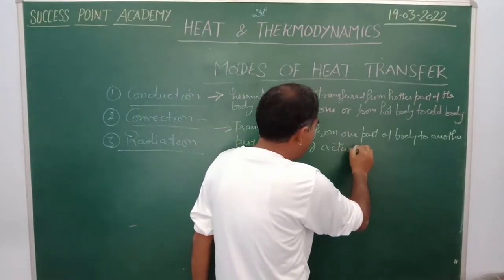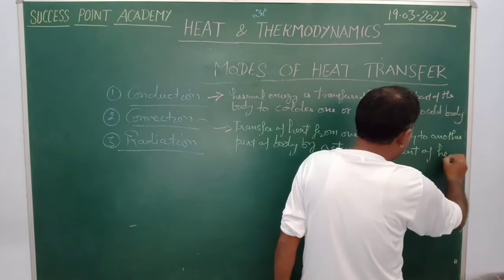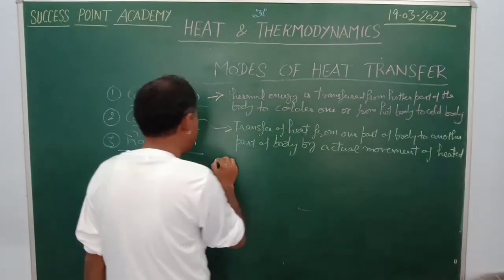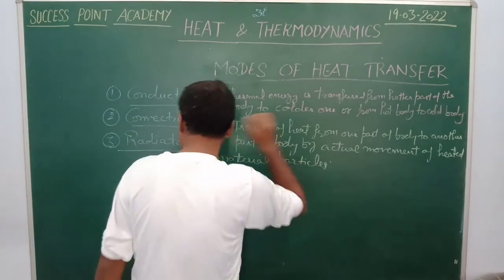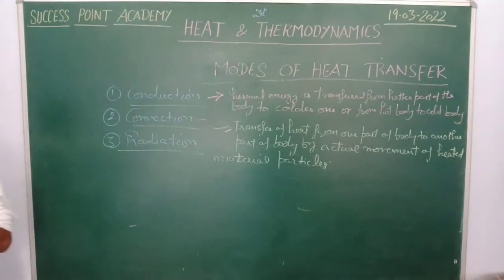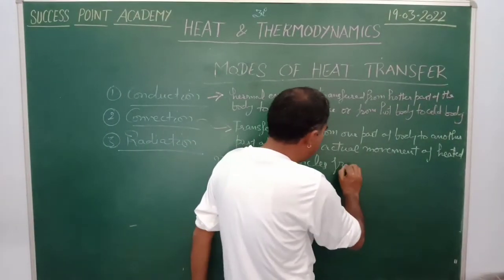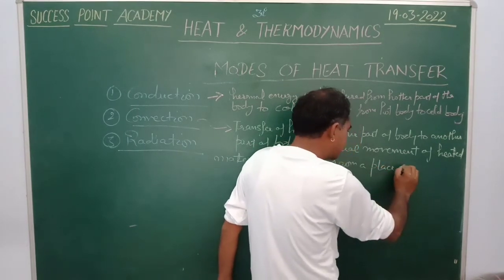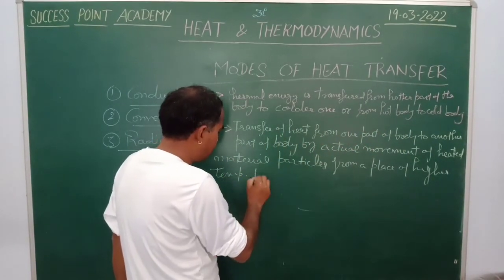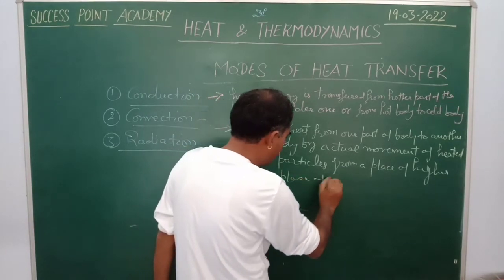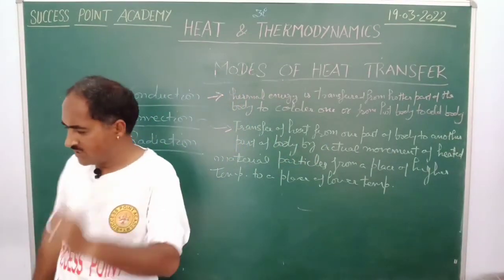See, there is a little similarity with the line above. This is convection. Or you can say particles move from a place of higher temperature to a place of lower temperature. So students, this is the definition of convection.